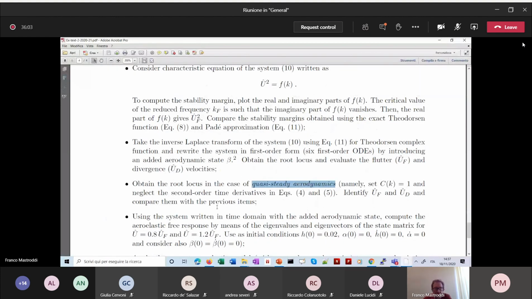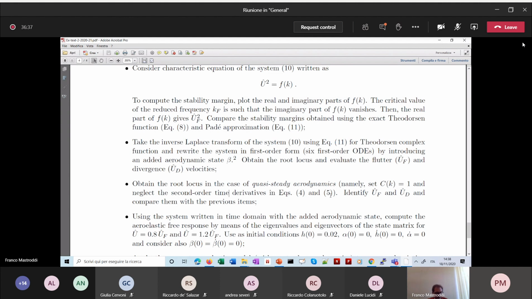You have obtained the root locus in the case of quasi-steady aerodynamic, namely set C(k) equal to 1 and neglected the second order time derivative in equations 4 and 5, just as I did. And identify your flutter velocity and divergence velocity.